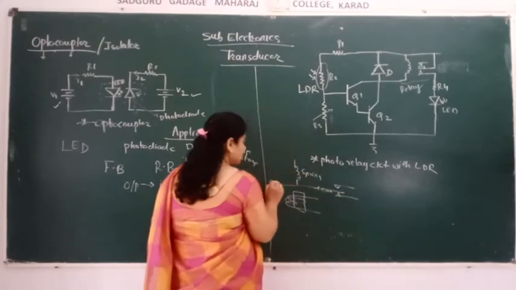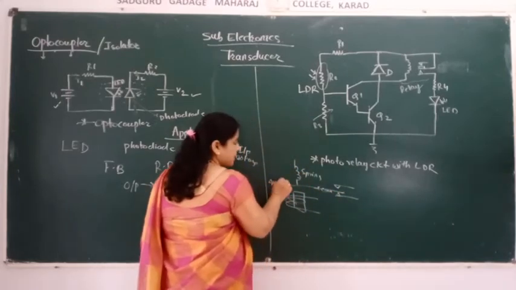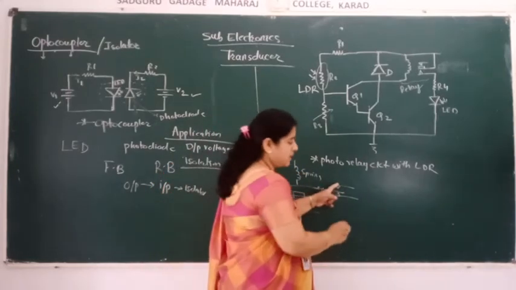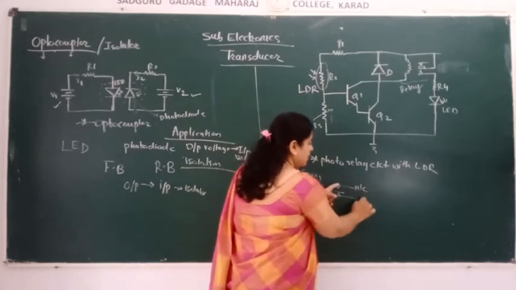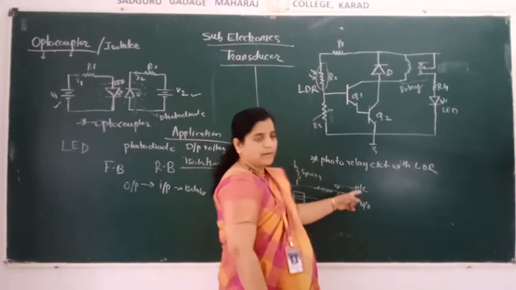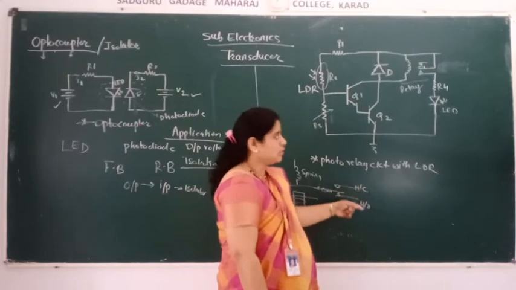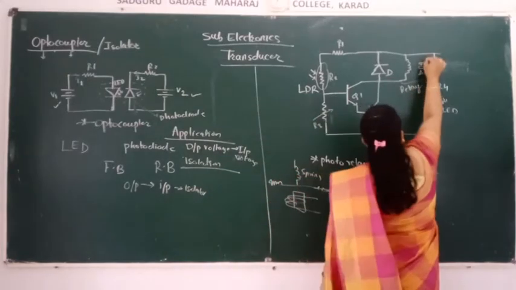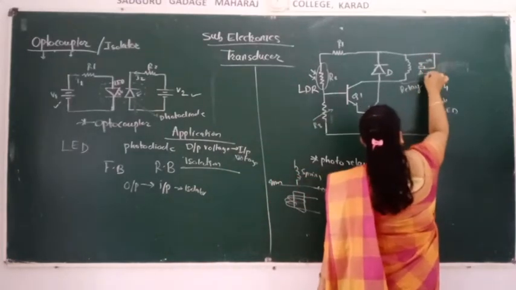One common arm is there, and this arm goes in the upward direction. There are normally open and normally closed conditions. This is the normally closed and this is the normally open.